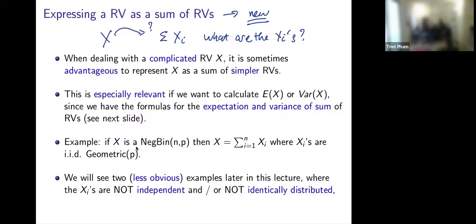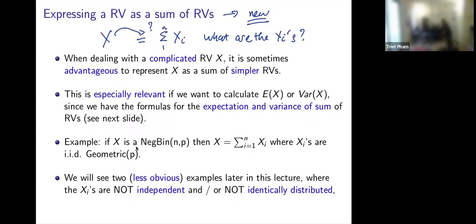Well, what are they? Can I find them? And again, the advantage is that once you are able to express it as a sum, then expectation and variance, which are usually the questions we'll be asking, will be quite simple. Because expectation of a sum is the sum of expectations, variance of a sum is the sum of the variances, and so on.